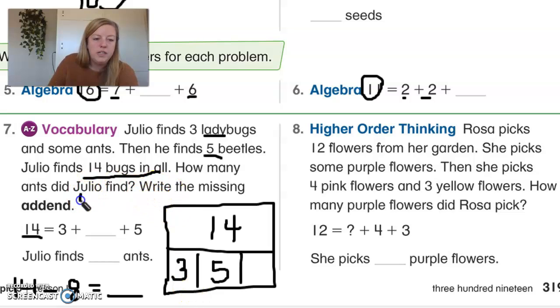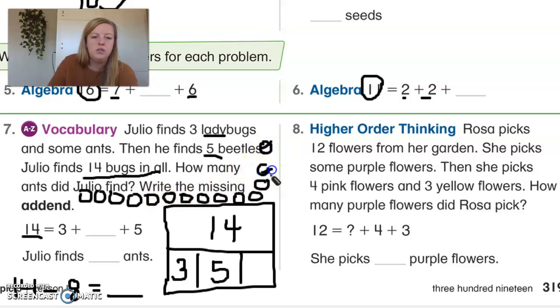So I'm going to draw 14 circles. 1, 2, 3, 4, 5, 6, 7, 8, 9, 10, 11, 12, 13, 14. Cross out 8 of them. 1, 2, 3, 4, 5, 6, 7, 8. How many are left? 1, 2, 3, 4, 5, 6. My missing part is 6.